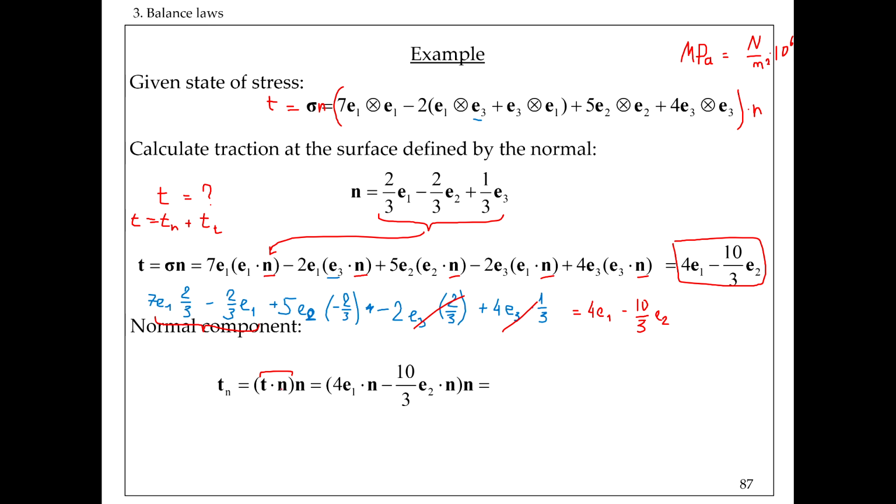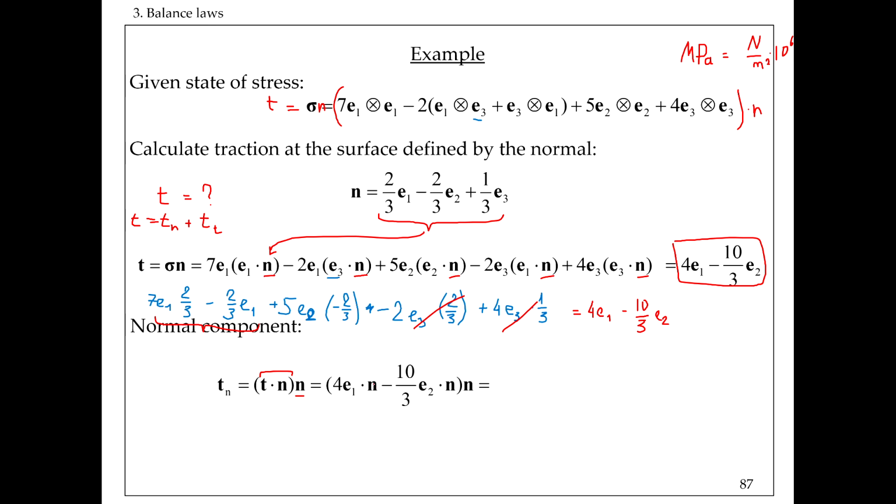Then we multiply it by the unit vector n, effectively making this again a vector of a certain magnitude, that is the projection of t in the same direction. And so what we're doing is substituting that t in here.